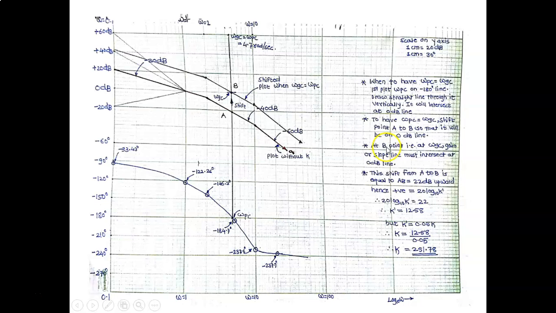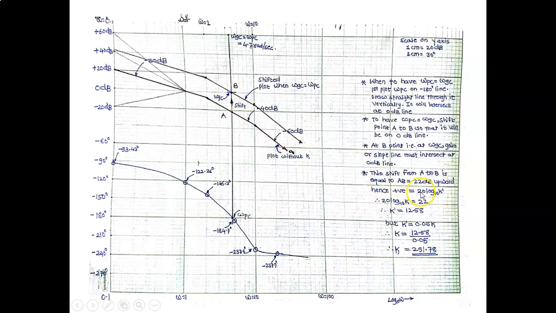At point B, that is omega GC, the gain line must intersect the 0 dB line. This shift from A to B is equal to 22 dB upward. From this to this, the distance is 22 dB.